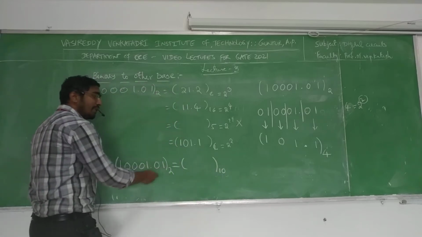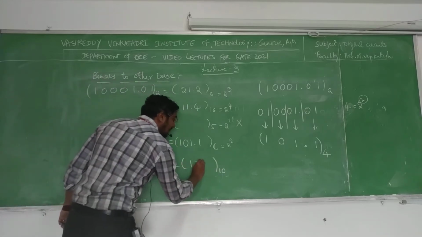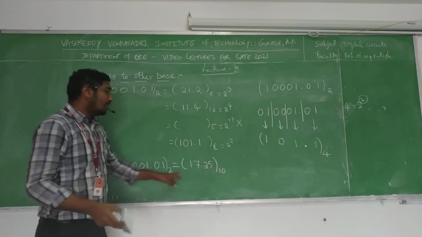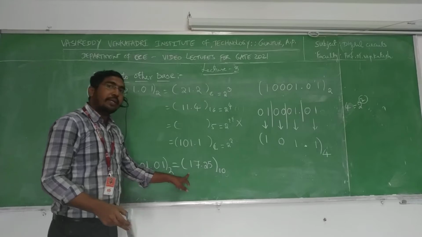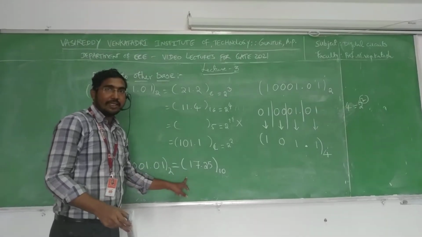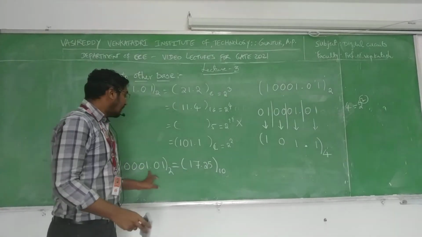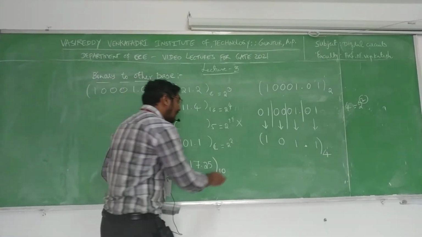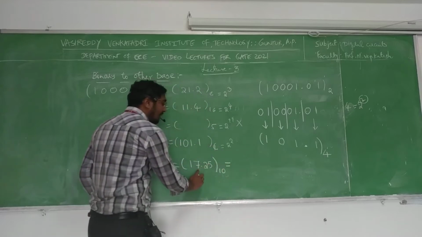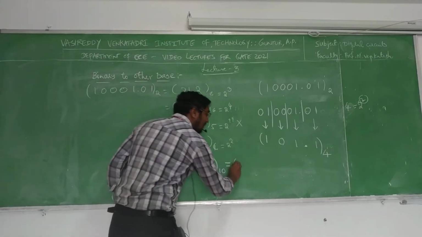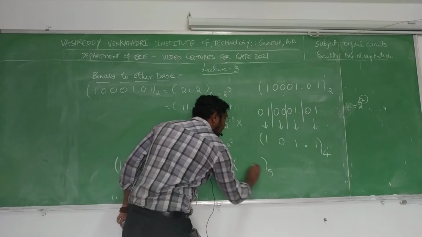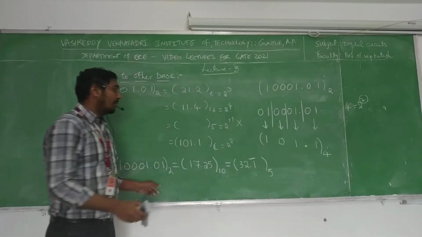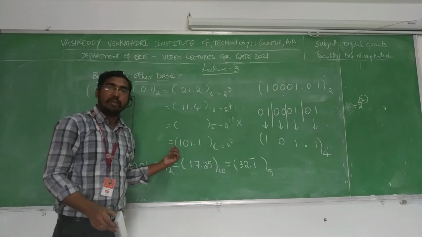And we know that the decimal equivalent is 17.25. If you want to understand why it is 17.25, you can check the previous video lecture. In that lecture, we solved this one, binary to decimal, and we got the answer 17.25. And even in the previous lecture, we converted 17.25 to the other base, that is base 5, and we got the answer 32.1 bar.